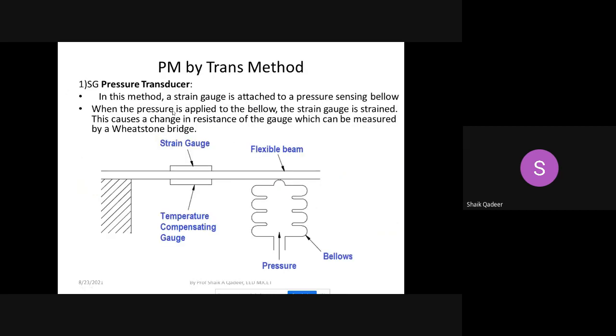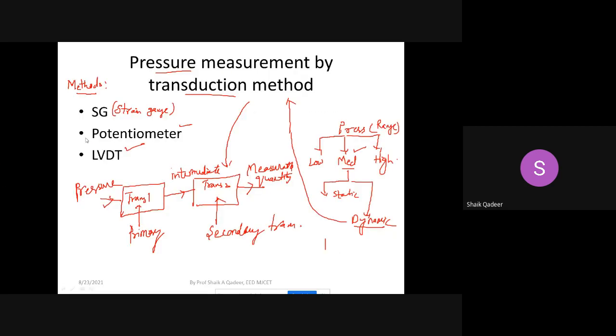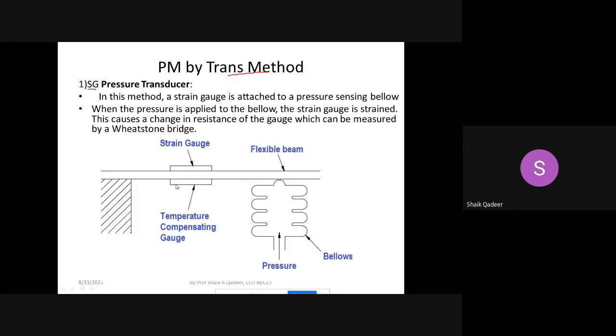Okay. Now I am into the first method, with the help of which we can perform pressure measurement by transduction method, and that method is strain gauge based method. So it's very simple. Remember, I told you the pressure under measurement is applied to primary transducer, which converts pressure quantity into intermediate quantity. Keep that in mind.